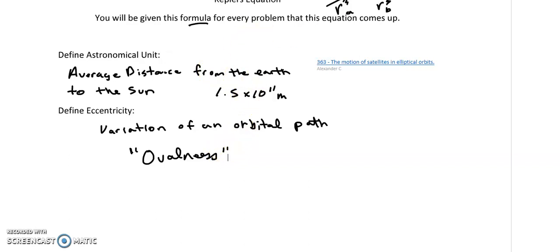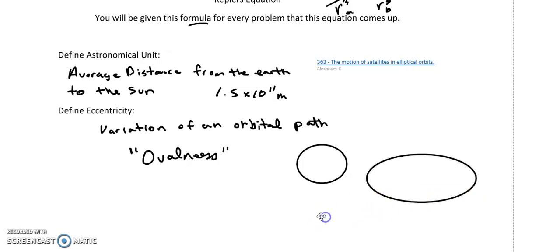So if, for example, we were to take a look, this path has less eccentricity than, let's say, this path. The more oblong the shape, the more eccentricity that path will have.